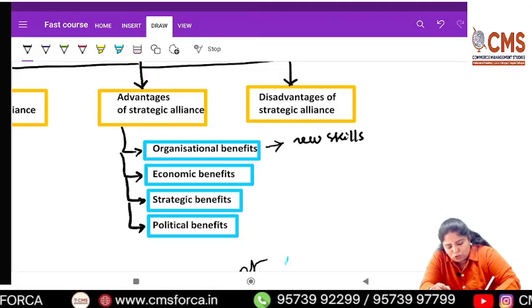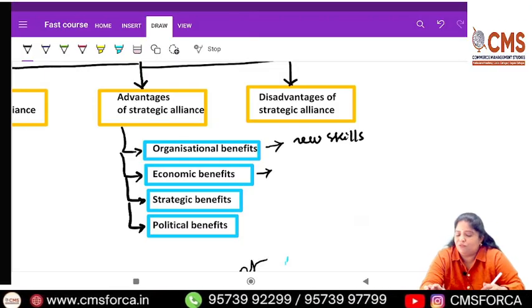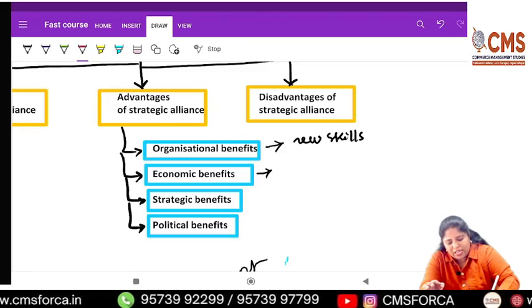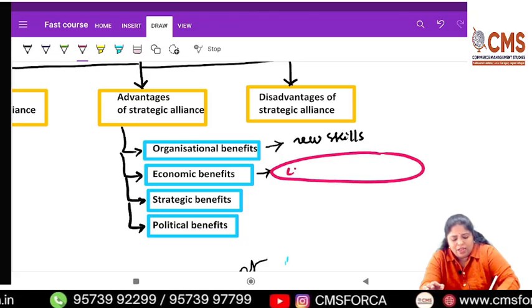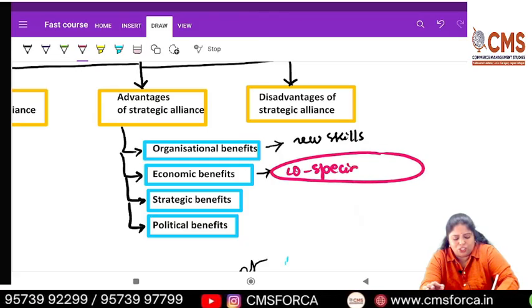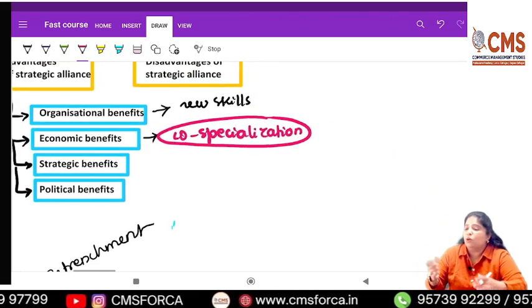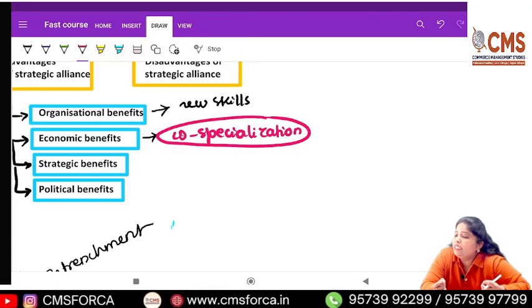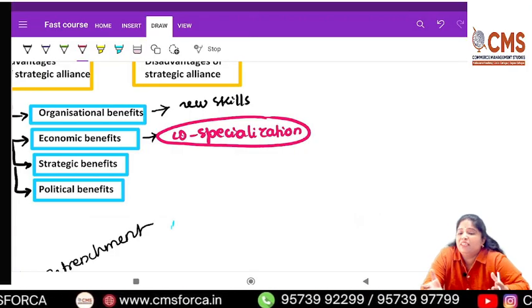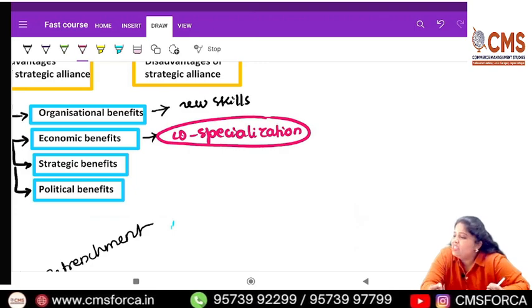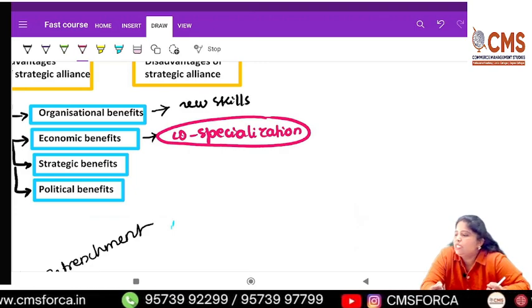Now, if you have to talk about economic benefits, the one point you should not ignore to mention here is co-specialization. What do you mean by co-specialization? Each entity is specializing together. So it's a partnership, right? They learn skills together.